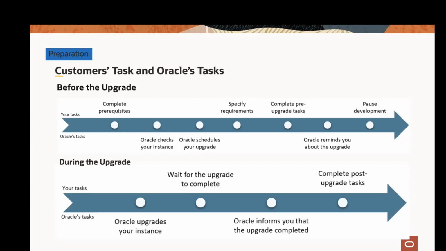And then Oracle will run the eligibility check that I mentioned. And if you are eligible for a given phase, then we will put you into upgrade windows within that phase.